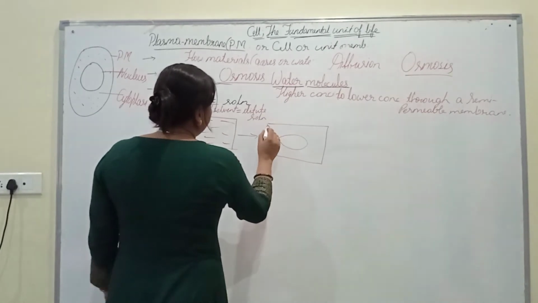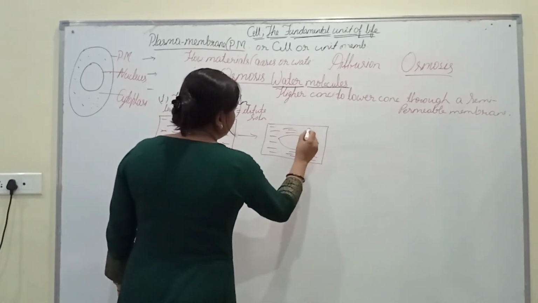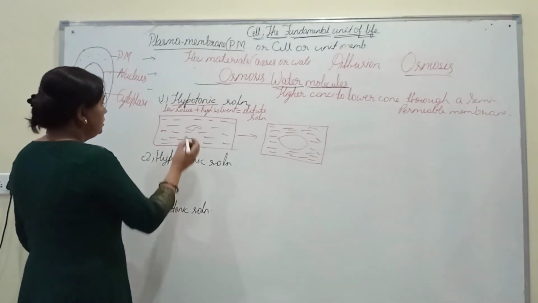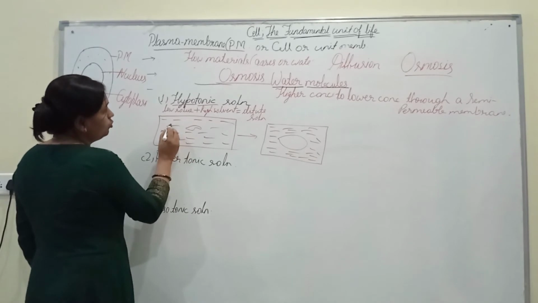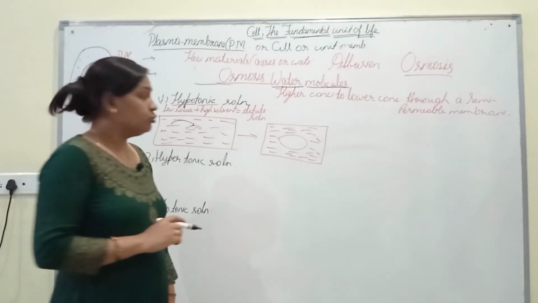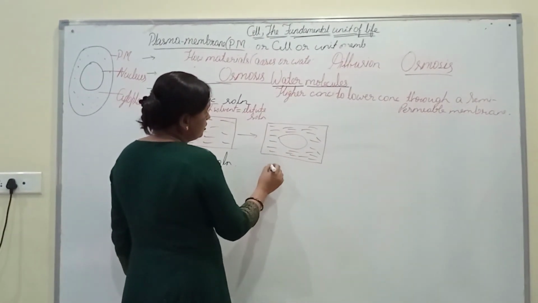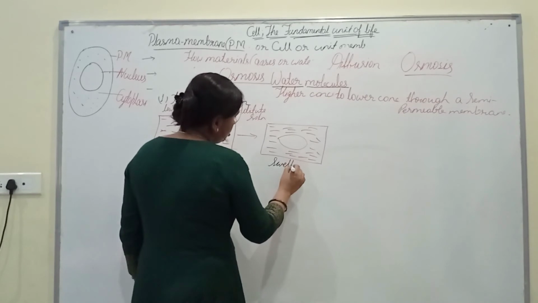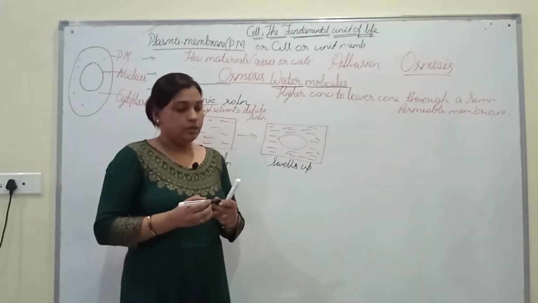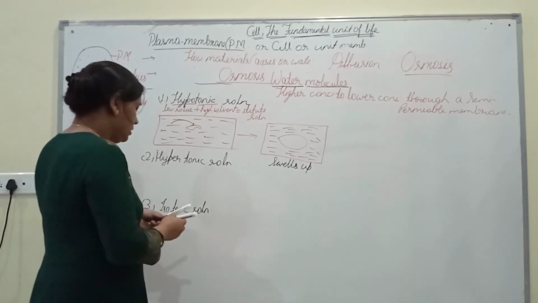If we keep a dried raisin inside the diluted solution, water moves into the dried raisin because of the osmosis process, and because of this the raisin swells up. Water moves from the higher concentration to the lower concentration.